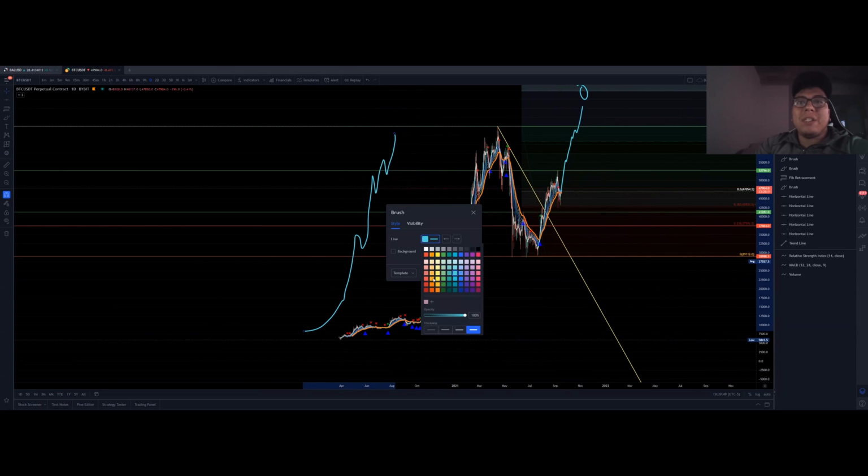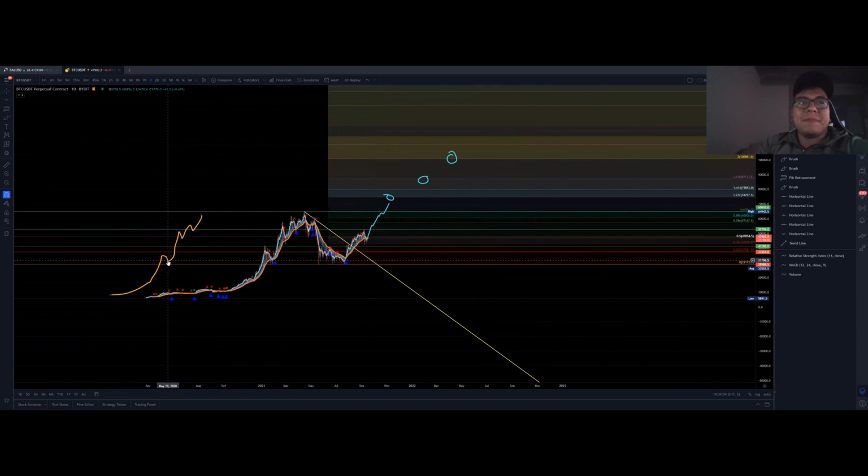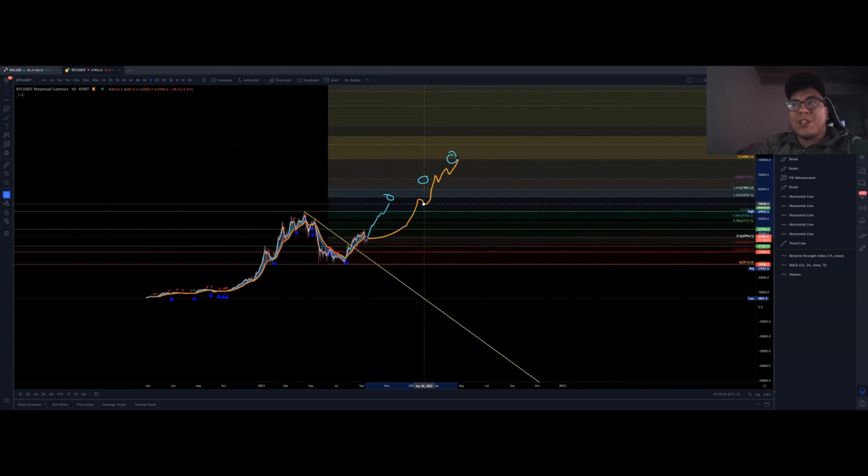Let's make this gold because, you know, it's going to be our golden boy. Look at that. Look how perfect that is. That looks like the first wave. Does that not look like the first wave? Look at what's happening. That's insane. Next peak would be at the 1.618 at 87.